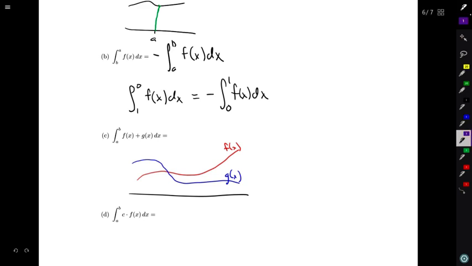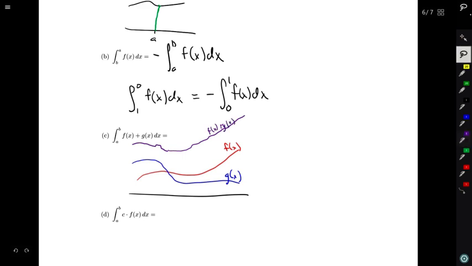If we're adding our red and blue here, it's reasonable that we get purple. To get the graph of f plus g, we take the y values on f and add them to the y values on g. So we get something that looks something like this. Maybe it goes down a little bit there. And then as f of x increases and g of x remains the same, we get some kind of increase. And our function f of x plus g of x looks something like this.